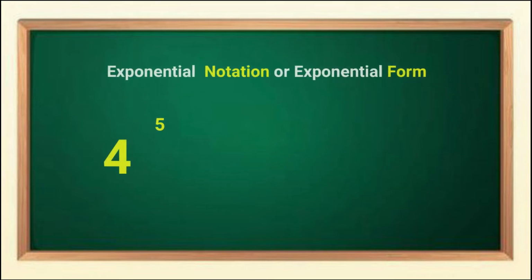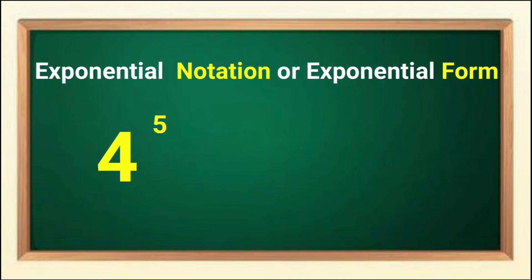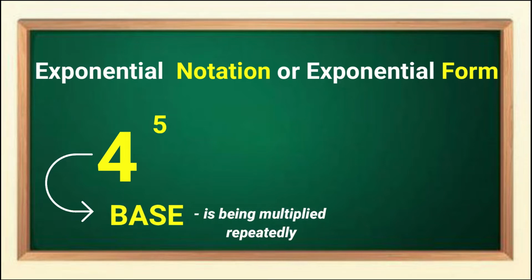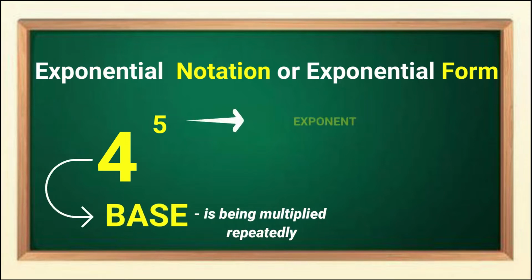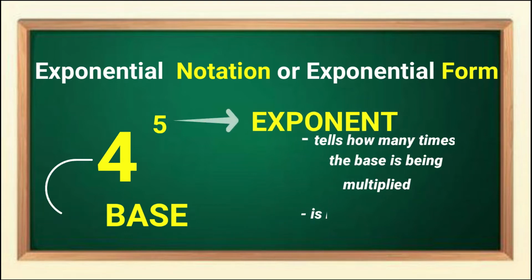We call it exponential notation or exponential form. Exponential notation or exponential form has two parts. The base, which is being multiplied repeatedly, and the exponent, which tells how many times the base is being multiplied.